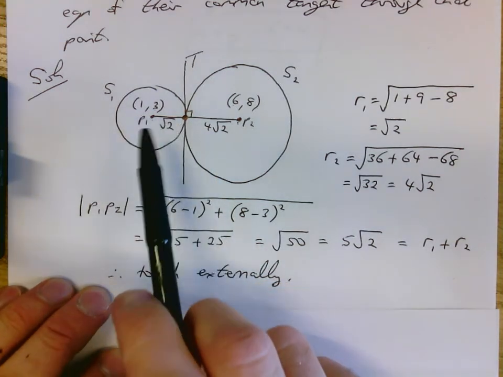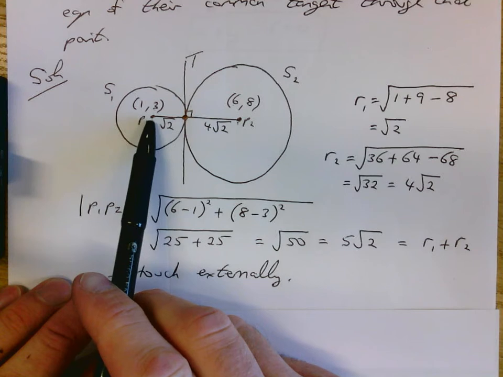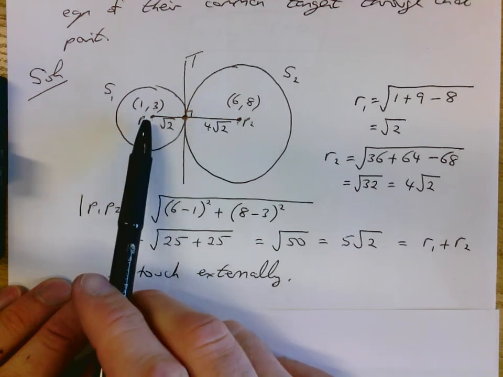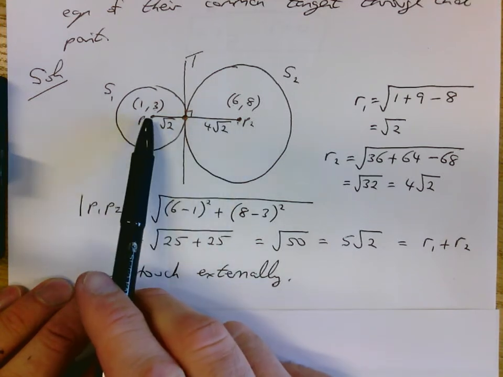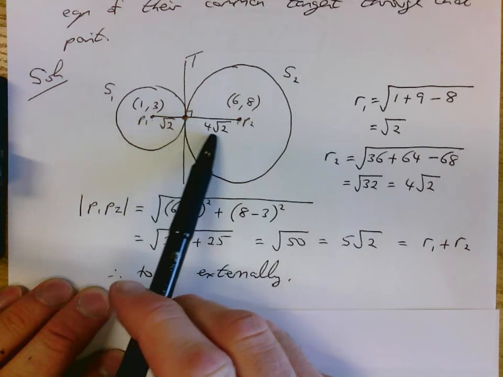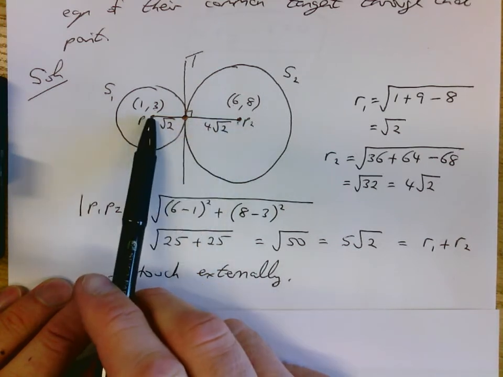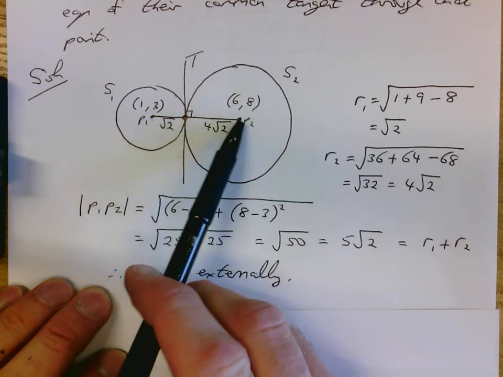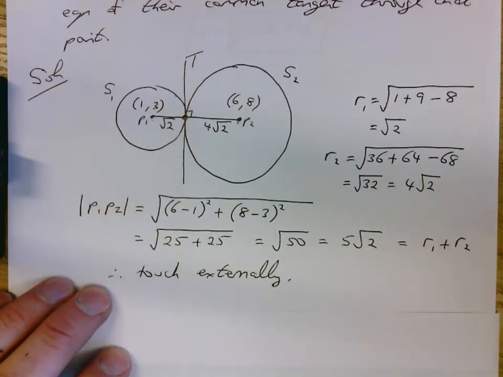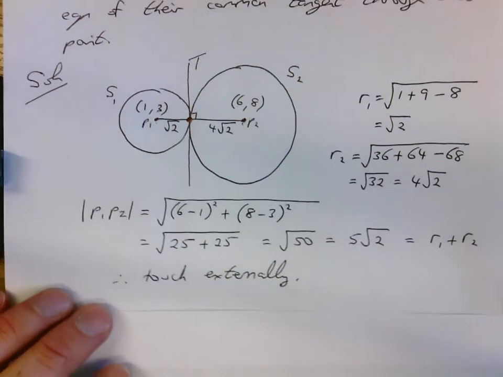And what you can see from the picture now is that this point here divides the centres in the ratio 1 is to 4, because this is root 2 and this is 4 root 2, so it's the ratio 1 is to 4. So we're going to use our internal division formula from last year, from the line.